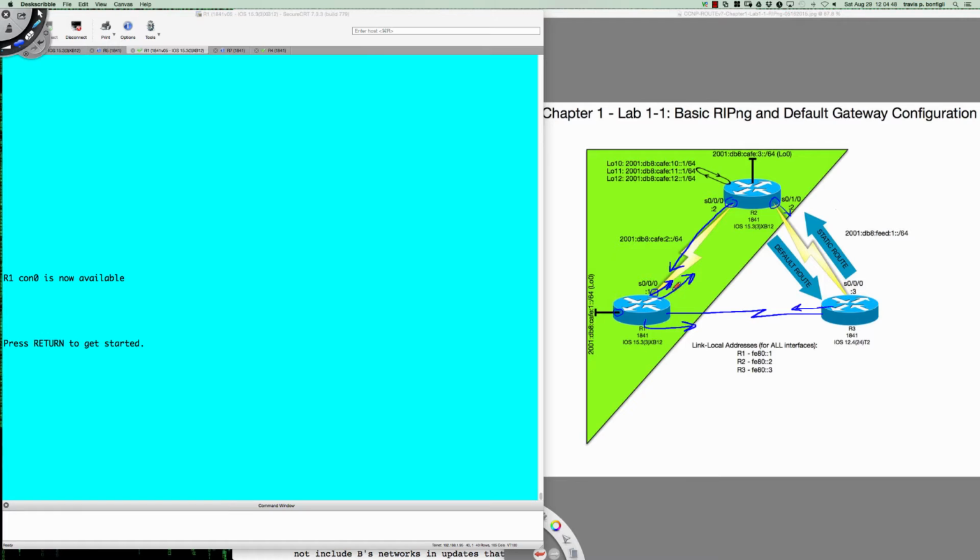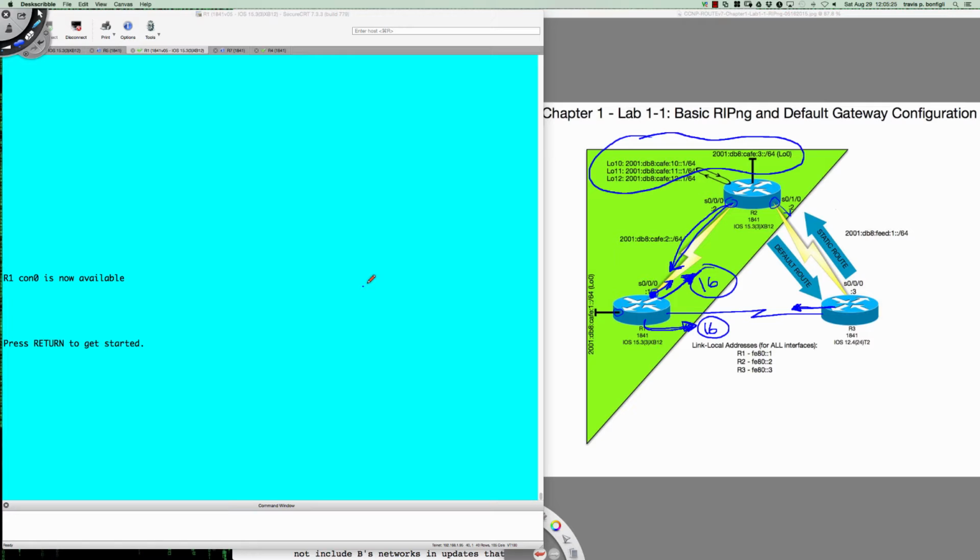So any routes I learn inbound on this interface from router 2, in my updates back to router 2, I'm sending those updates for these routes, not suppressing them like Split Horizon. Poison reverse says, go ahead, send it back with an infinite metric of 16. If router 3 is advertising routes, router 1 is going to send them back with an infinite metric of 16.